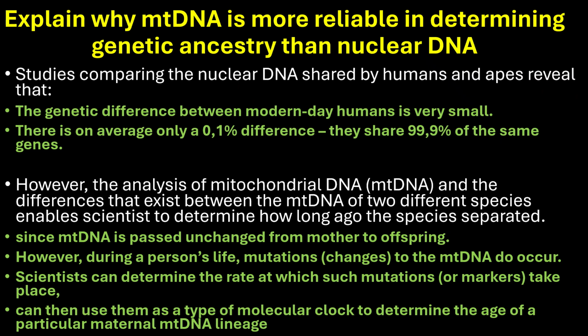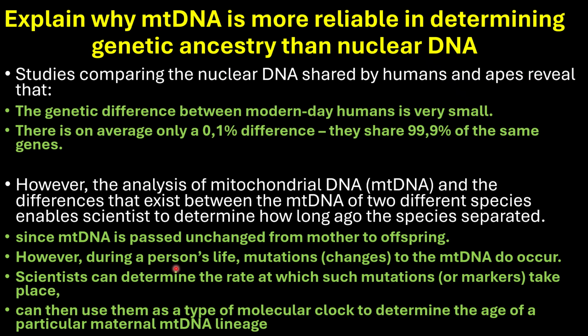So here it is trying to explain why mtDNA, mitochondrial DNA, is more reliable in determining genetic ancestry than nuclear DNA. The main answer is captured here. It states that mitochondrial DNA is passed on unchanged from mother to offspring.